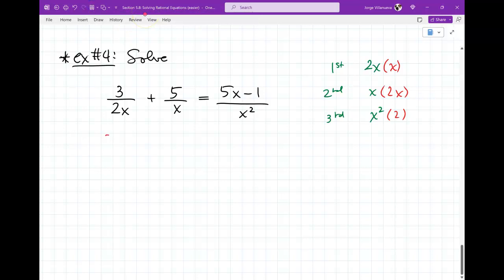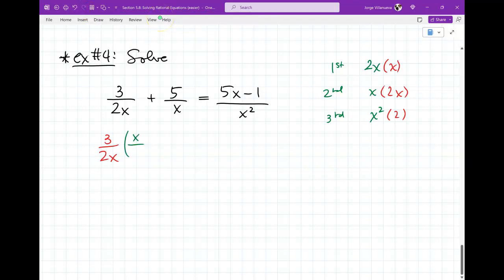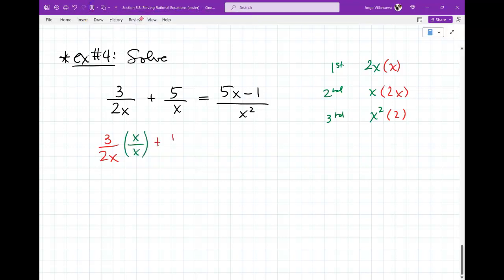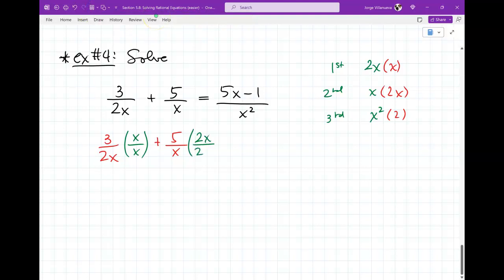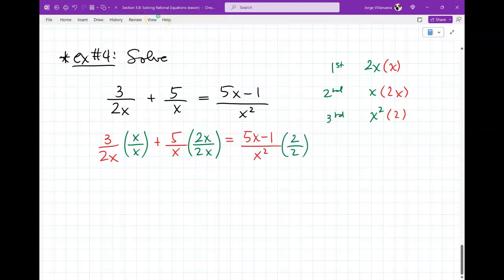First fraction, 3 over 2x. And I got to multiply it by x over x. Plus 5 over x. And I got to multiply that by 2x over 2x. Equals 5x minus 1 over x squared. And I need to multiply that by 2 over 2.